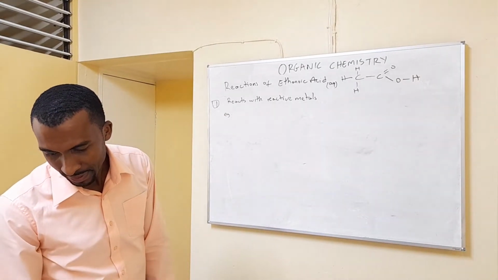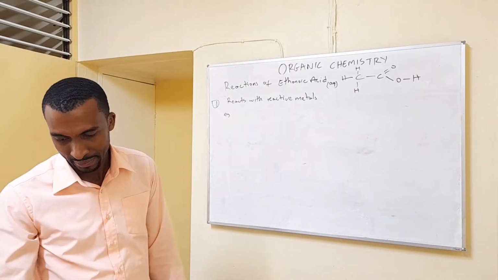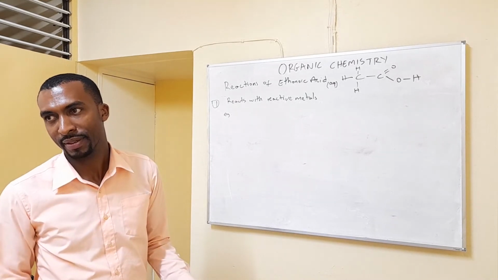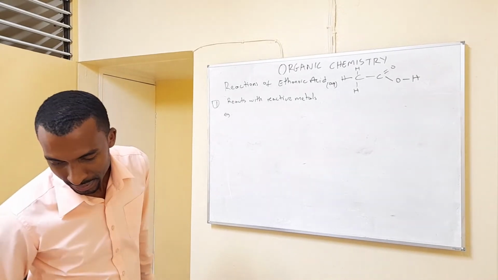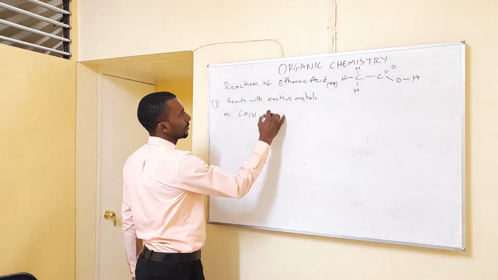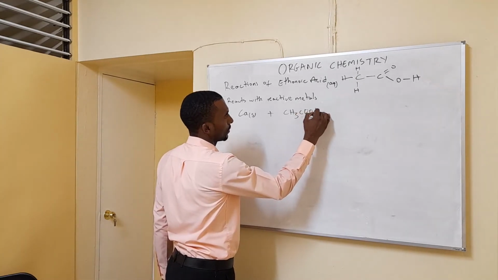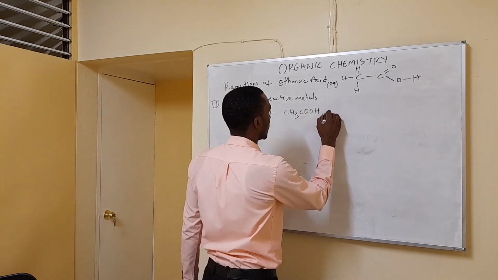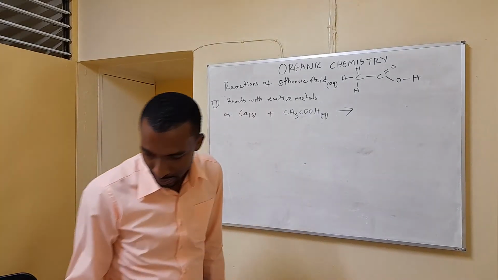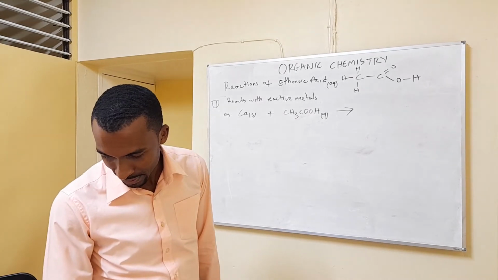So it can be a reactive metal. They use calcium as the example here, but most likely magnesium can be used, or potassium or sodium. Alright? So calcium, solid, and it produces the salt plus hydrogen, right?